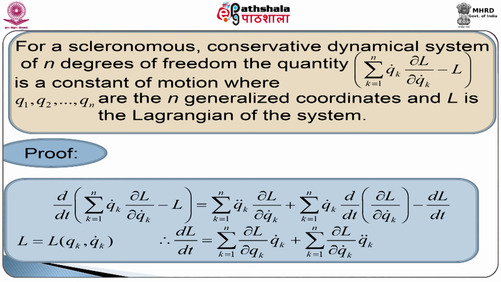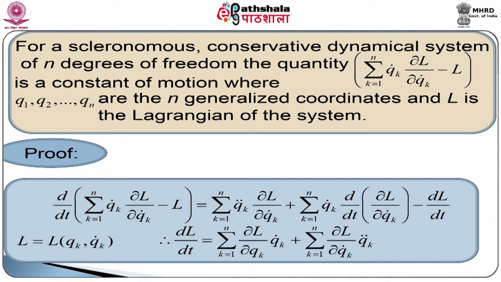Now, for a scleronomous system, the Lagrangian L depends only on the generalized coordinate qk and the generalized velocity qk dot. So, d/dt of L can be written as summation over k ∂L/∂qk into qk dot plus summation over k ∂L/∂qk dot into qk double dot.